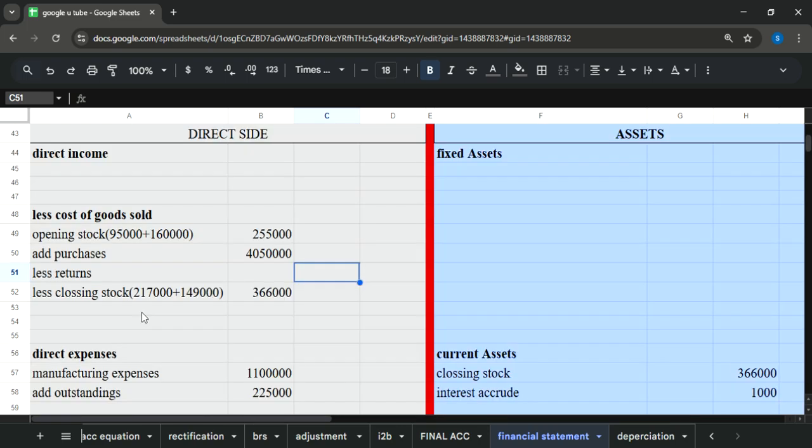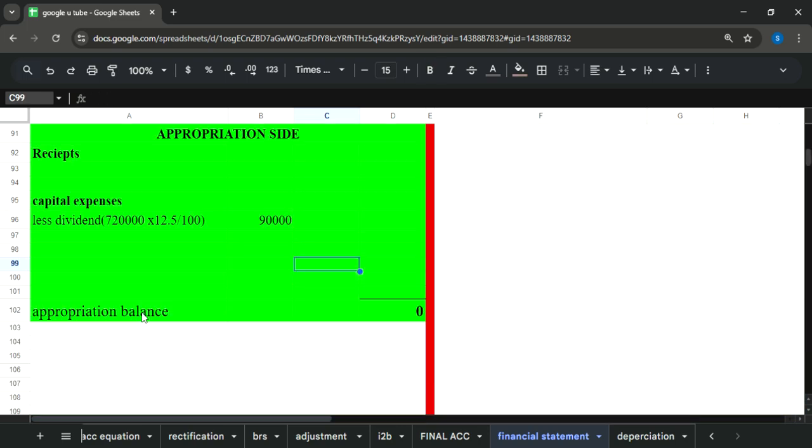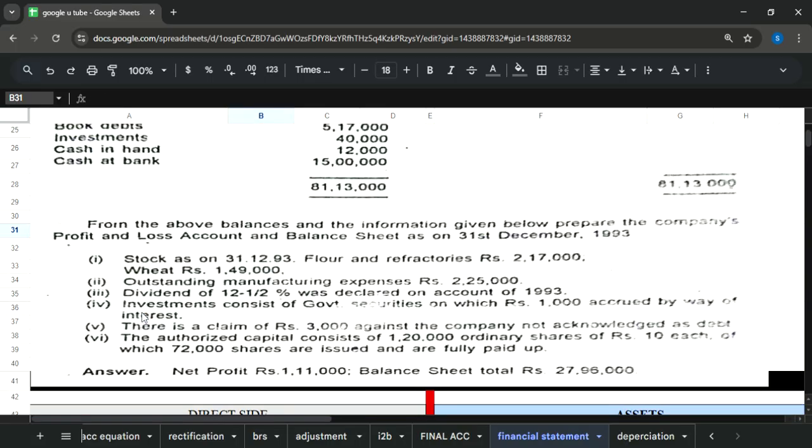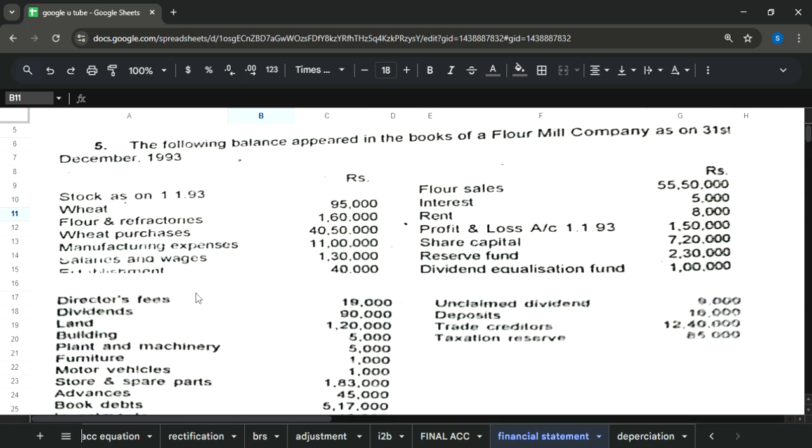Dividends. Dividends are part of appropriation side. So here you will mention dividend, and this dividend is also part of capital expense. Alright guys, we were at dividend.